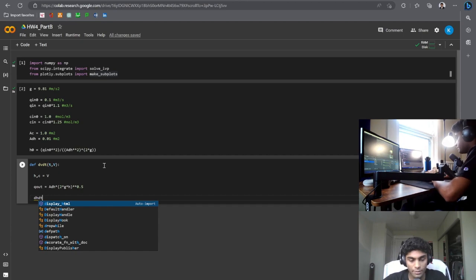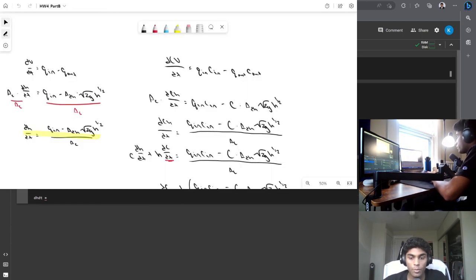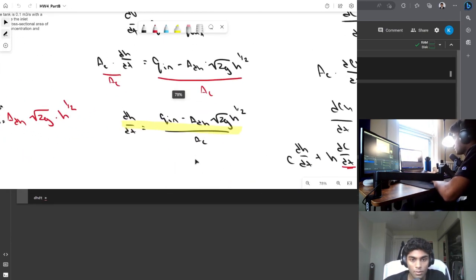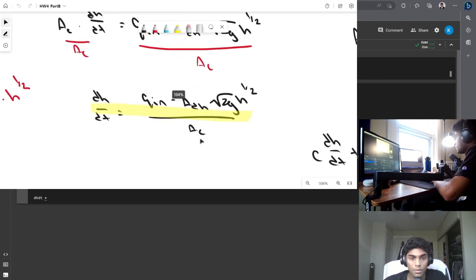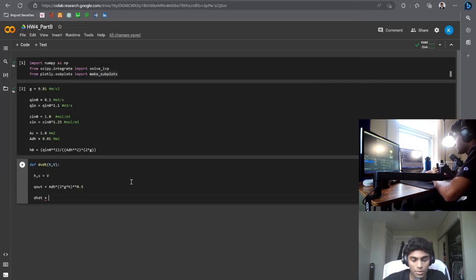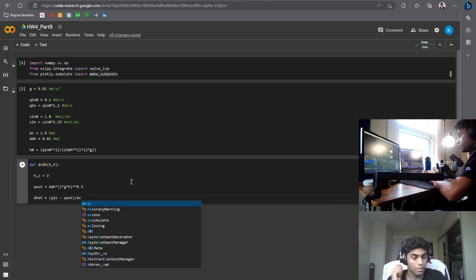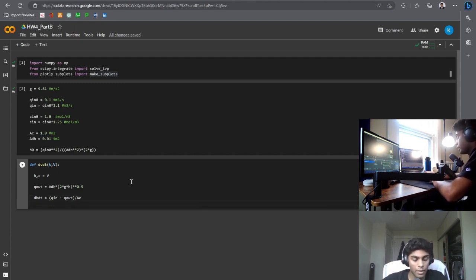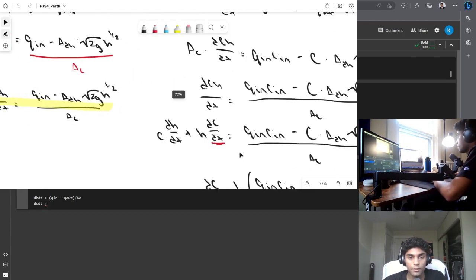That'll make importing our differential equations a bit easier. So dH dt, let's look back at our whiteboard. dH dt is equal to Q in minus Q out over AC. So this is going to be Q in minus Q out over AC. And now we can go ahead and import dC dt. So take a look at that.